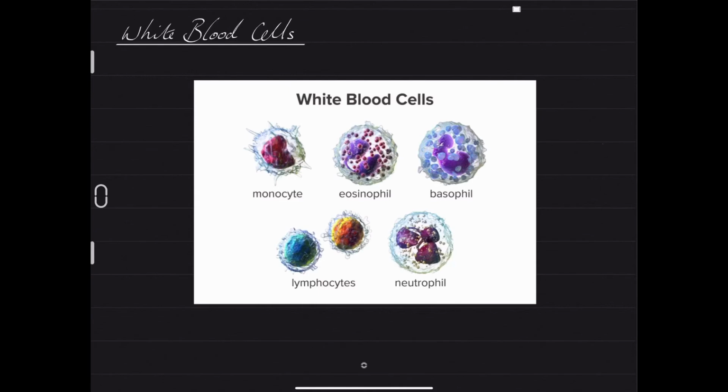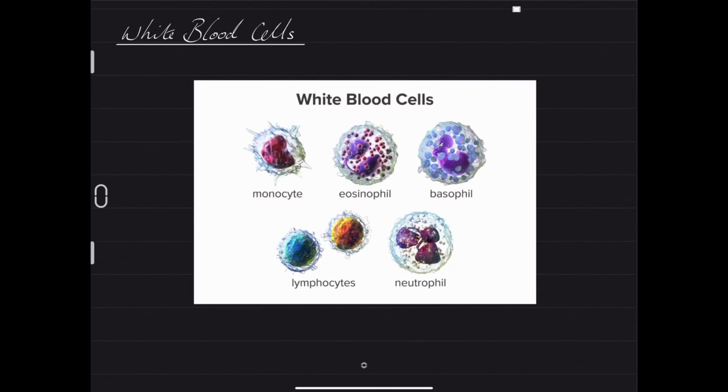They're quite large, and although they vary in size, the nucleus in comparison to the rest of the cell is quite large. This is because of their involvement in the immune response, and they are needed to recognize different types of pathogens. So some white blood cells, for example lymphocytes, that you can see represented here, form antibodies against microorganisms.